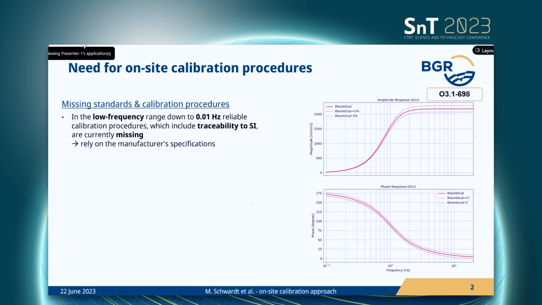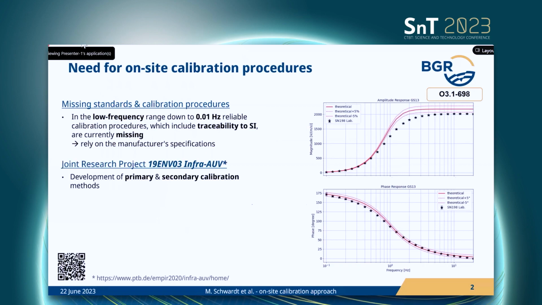So we have to rely on the manufacturer's specifications. As you can see here, I plotted the amplitude and phase response for a GS13 from a random database. And when we now take the GS13 to a lab where it is calibrated, we see a deviation from it.